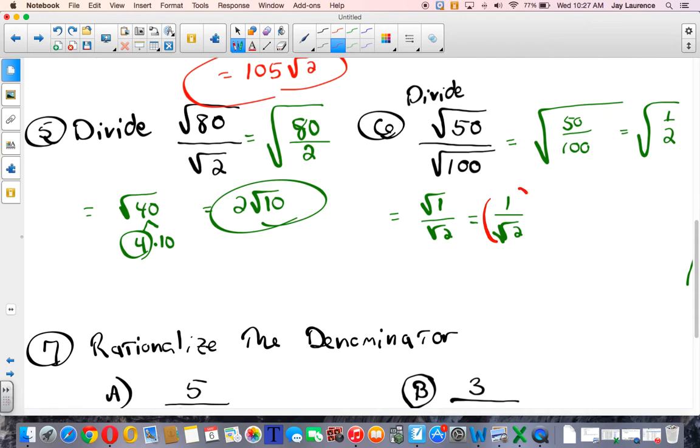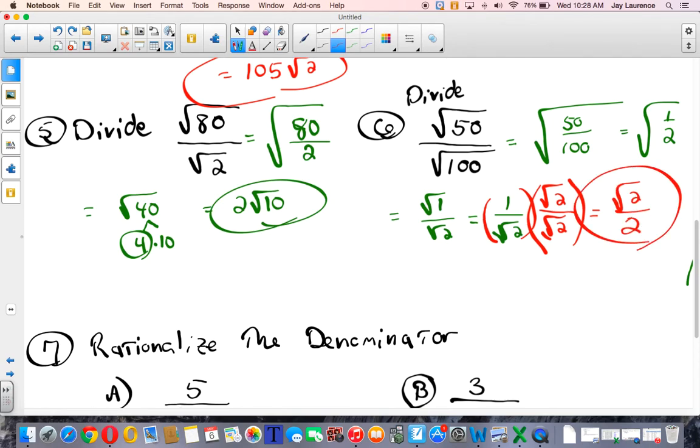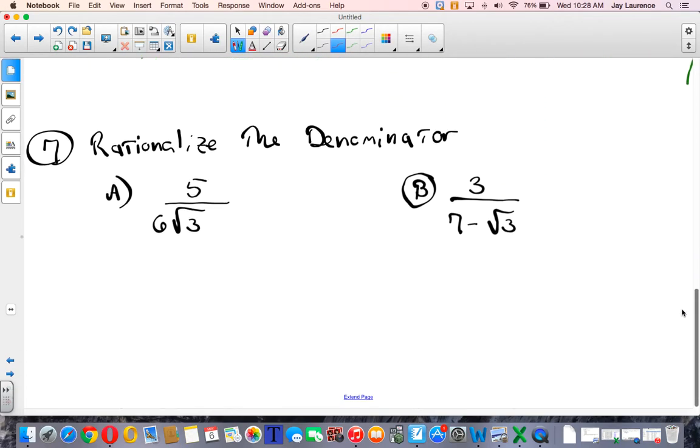So I have to rationalize my denominator. I'm going to multiply by rad 2, multiply by rad 2, and I'm going to get rad 2 over 2, and there you go.